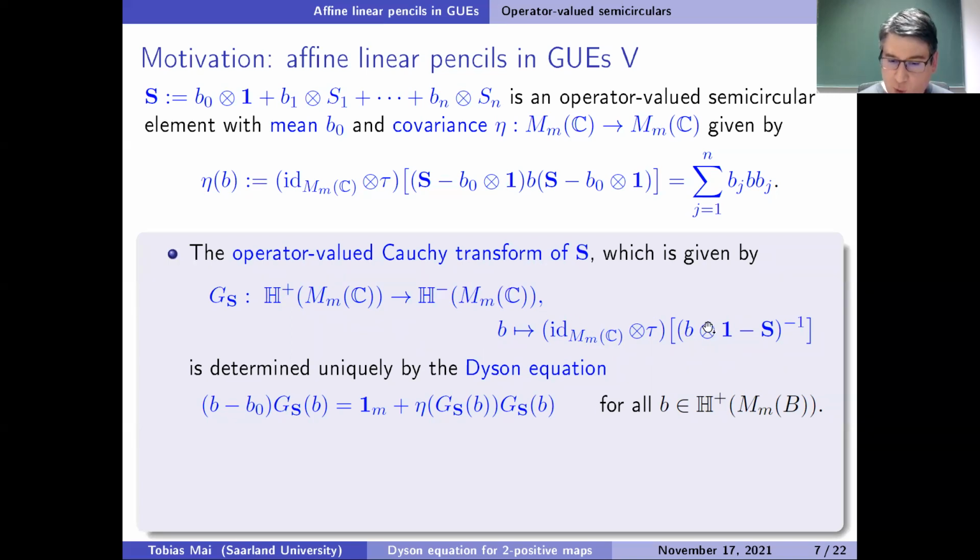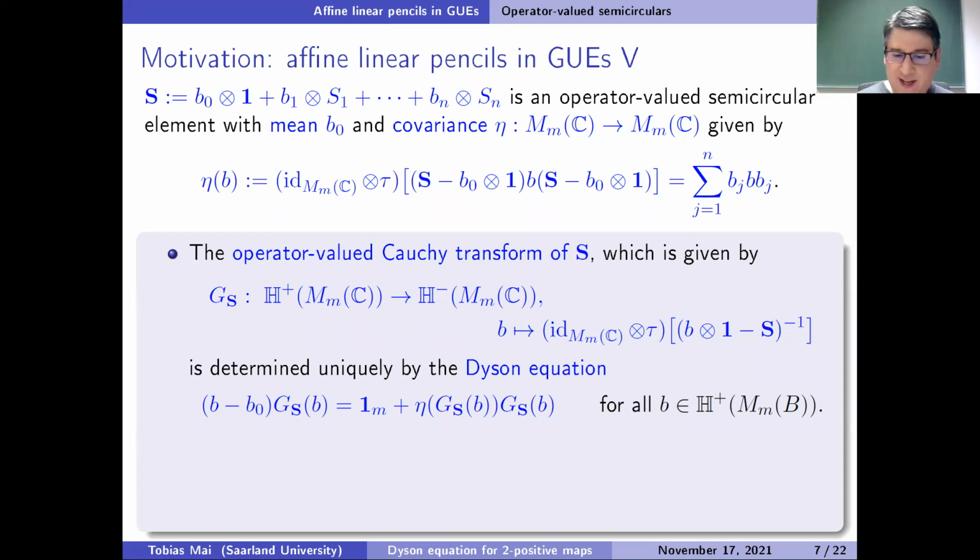So I'm just taking the resolvent of my operator S, a kind of B-valued matrix-valued resolvent for my operator S. So it looks like this. So I'm taking here a kind of conditional expectation in the sense that I'm only applying the trace to the entries coming from the underlying algebra, and I leave the matrix structure.